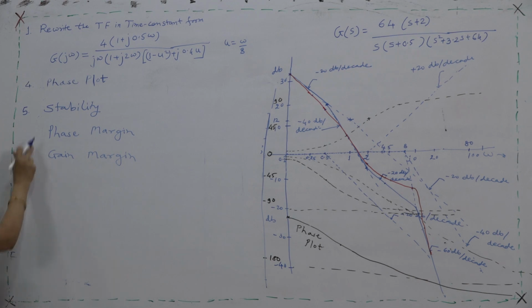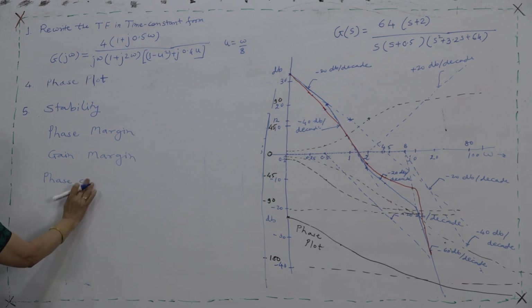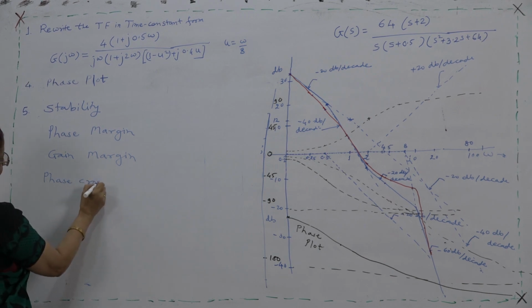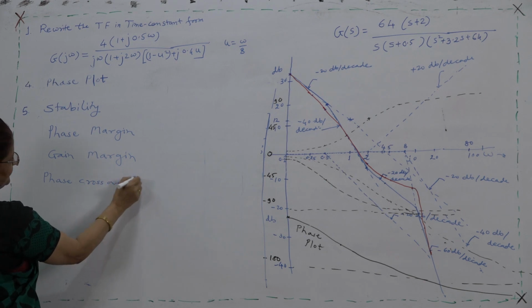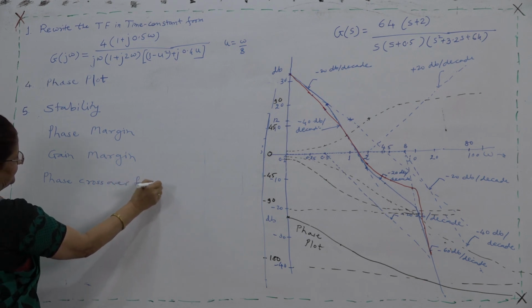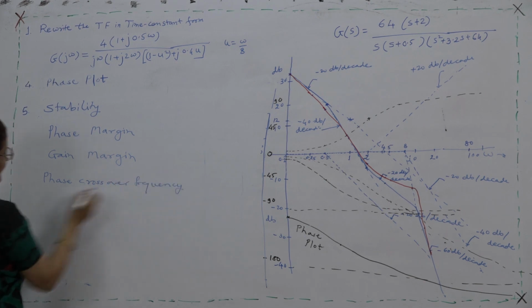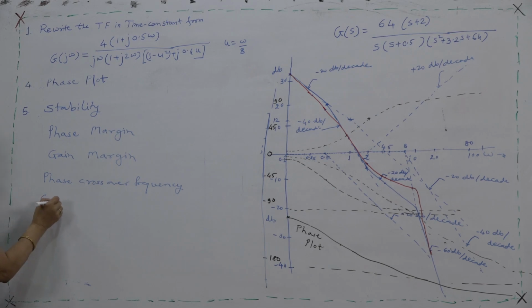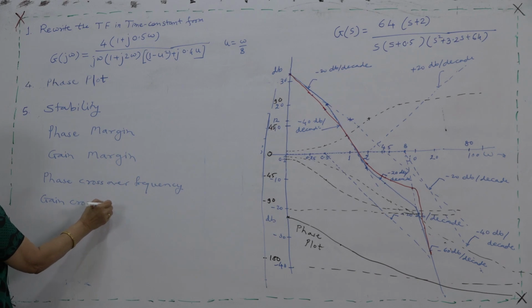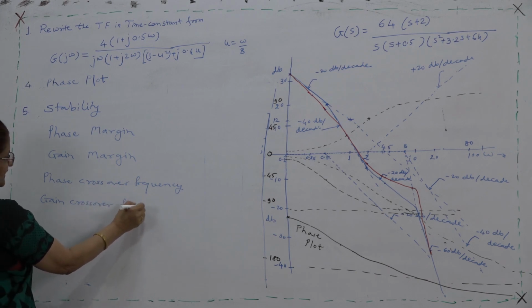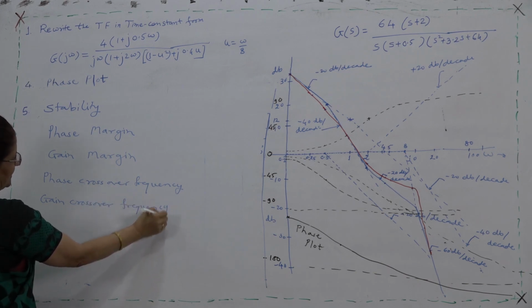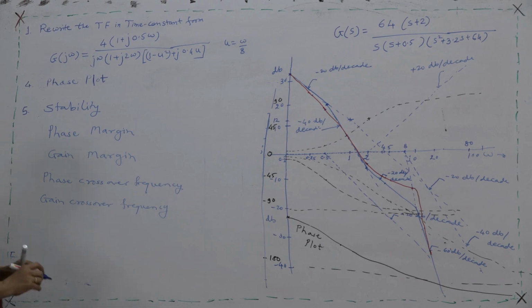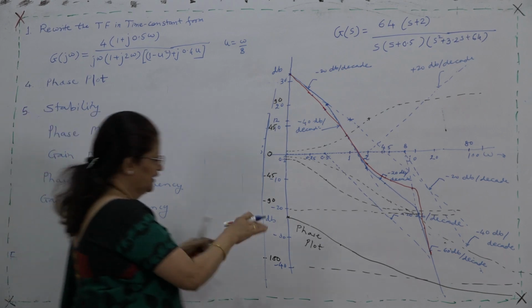And to find phase margin and gain margin, we have to find out phase crossover frequency and gain crossover frequency. So, instead of defining it in words, I will try to explain directly on the Bode plot.